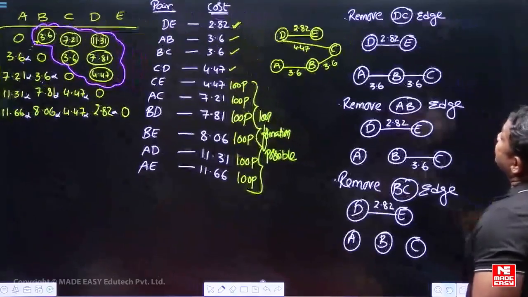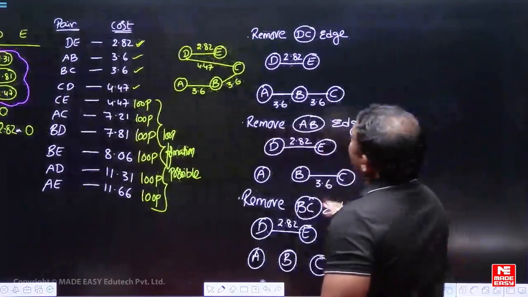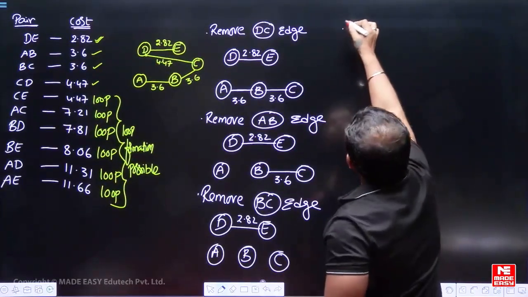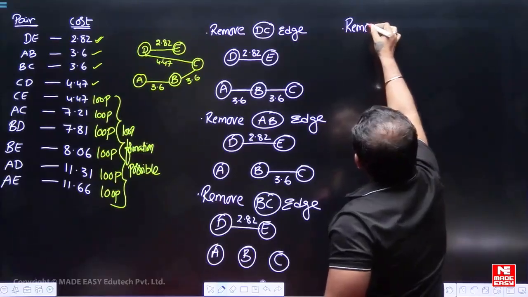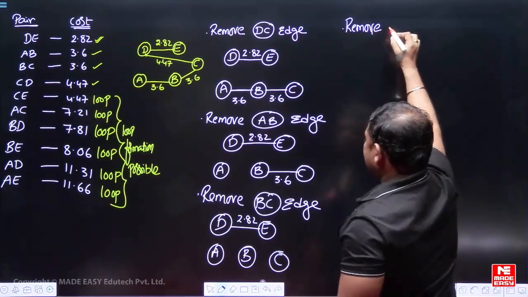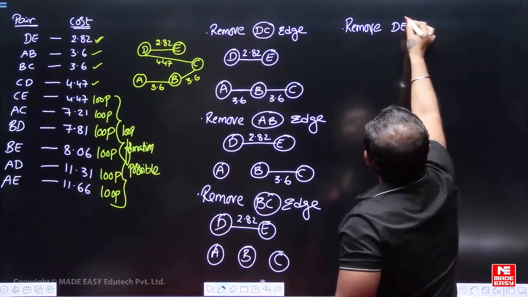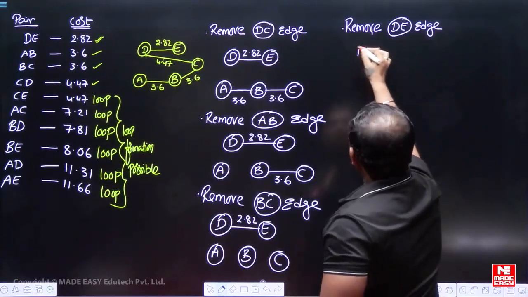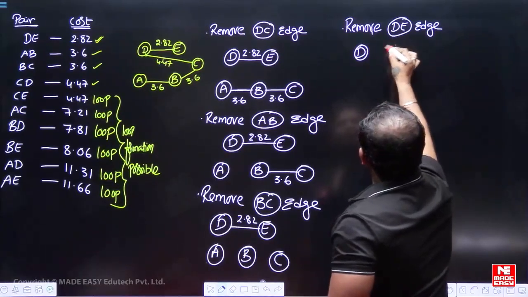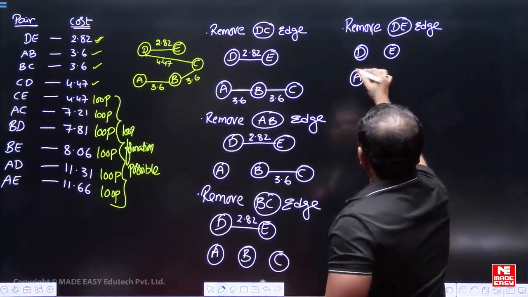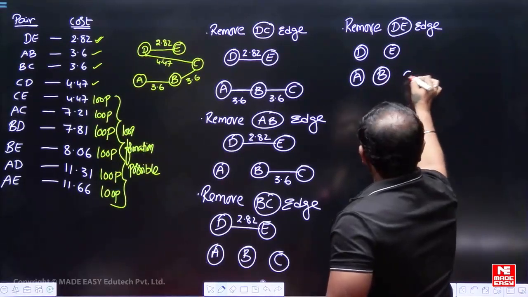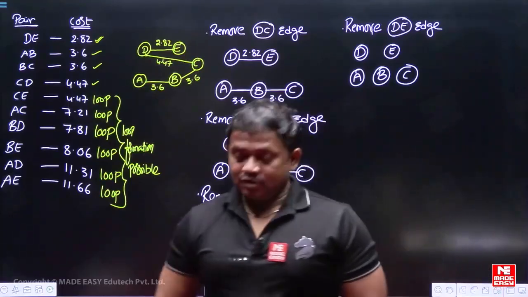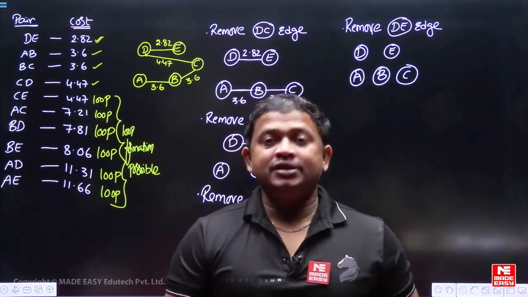All right. So now next is what? Remove DE edge. So now D, E, A, B, C present. So all edges are removed. Therefore, the total cluster formation is completed.